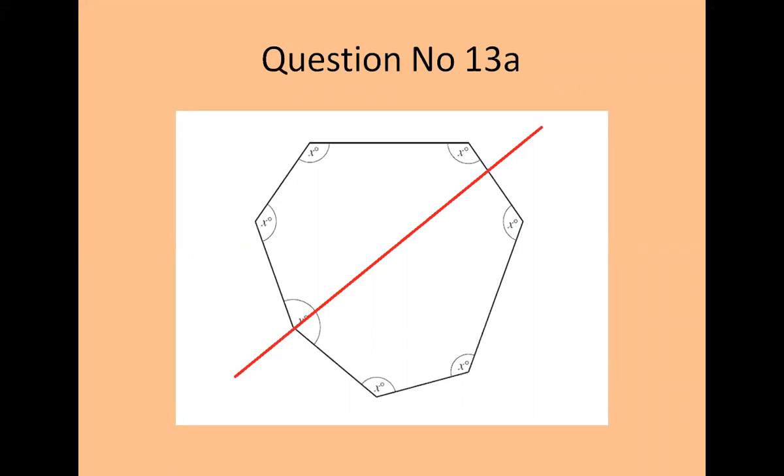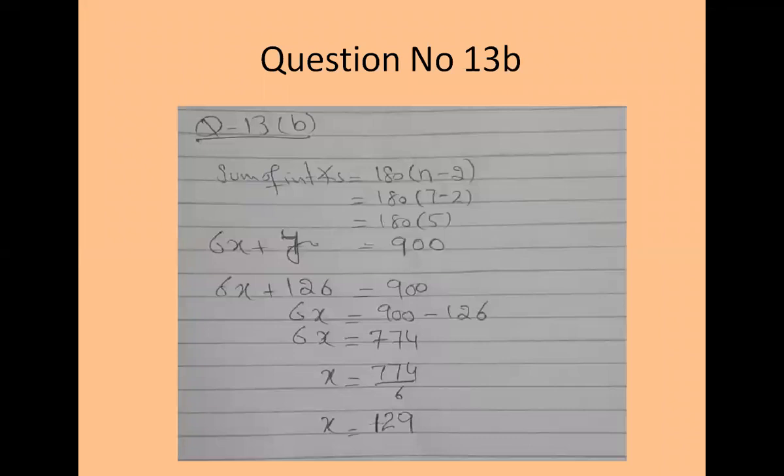With a line of symmetry, the shape is divided into 2 equal parts, and when you fold the shape along that line, both parts will exactly match each other. So we have to find, if the value of Y is 126, what will be the value of X? First of all, let me find the sum of the internal angles of a seven-sided figure.